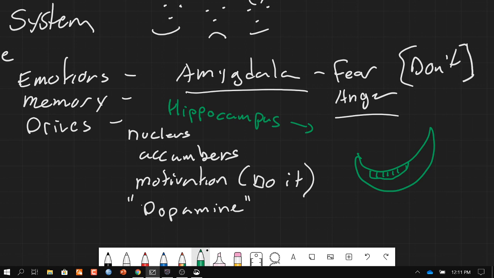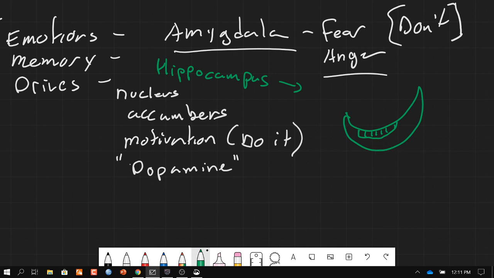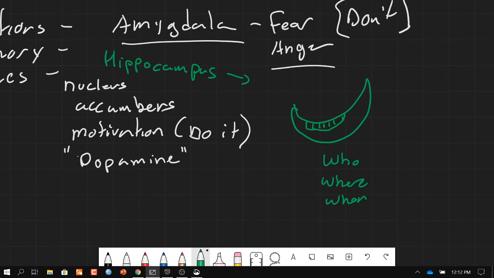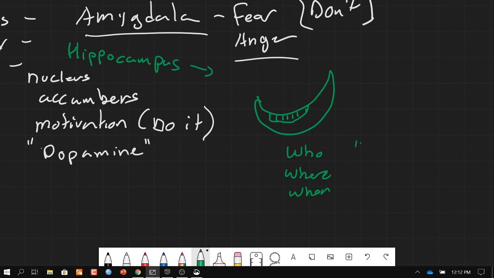Okay. So the hippocampus has areas that automatically remember who, where, when, and what in parentheses. The way the hippocampus works is it has grids.